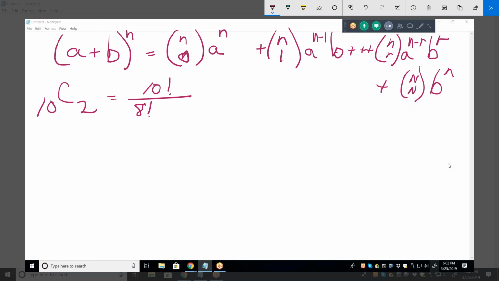And then what's r? 2 factorial? Yeah. So that's how you set it up. And these are actually fairly easy to solve because, like I said, the 8 takes care of everything but 10 times 9. Right. Okay. Over 2, so that's 45. Yeah, that is easy. It's not bad.